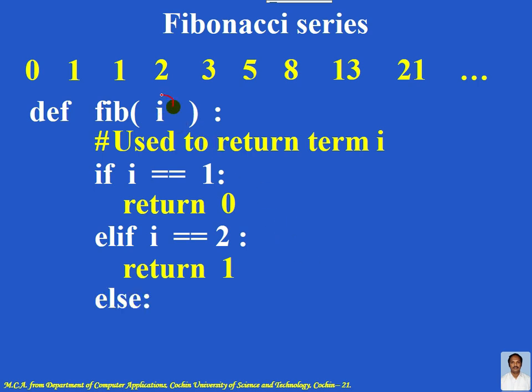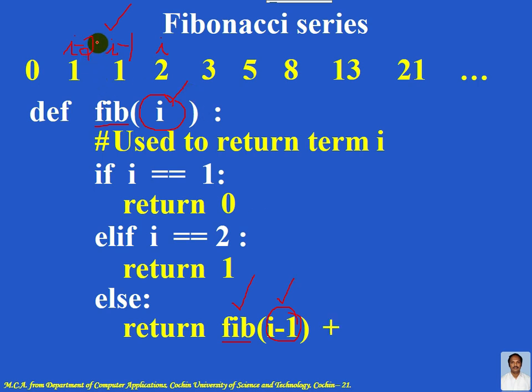Otherwise, in order to get term i of the Fibonacci series, the method is term i minus 1 plus term i minus 2. Now how do you get term i minus 1? Call this function and the argument to be passed is i minus 1. Return fib of i minus 1. Because when you call this function with argument i minus 1, this function will return term i minus 1.